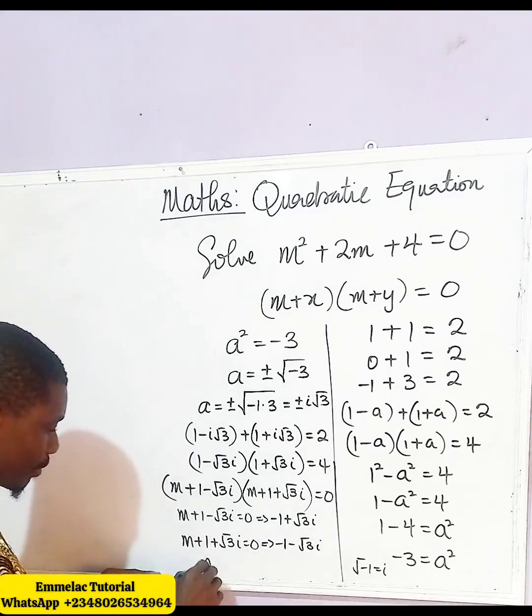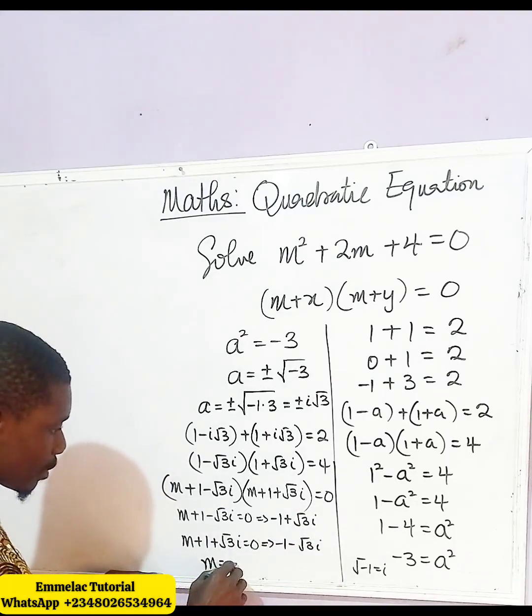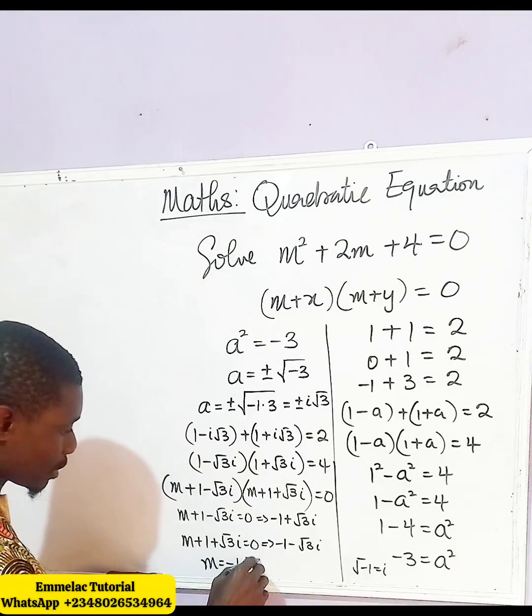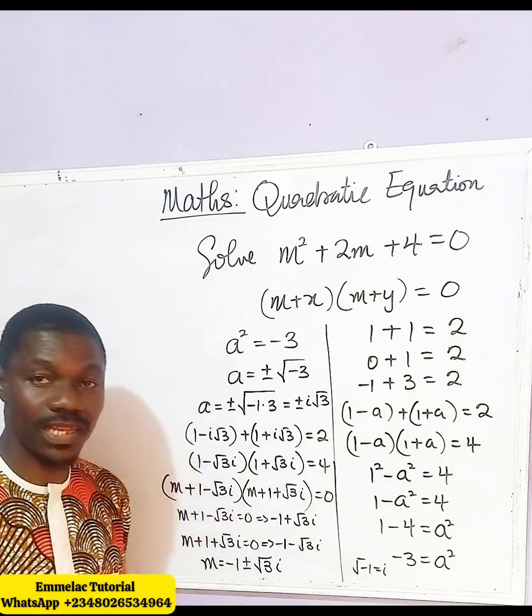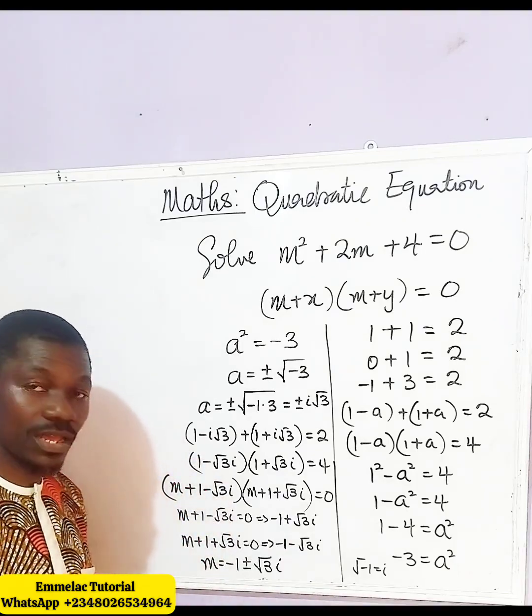So m equals minus 1 plus or minus the square root of 3i. So this is the final answer.